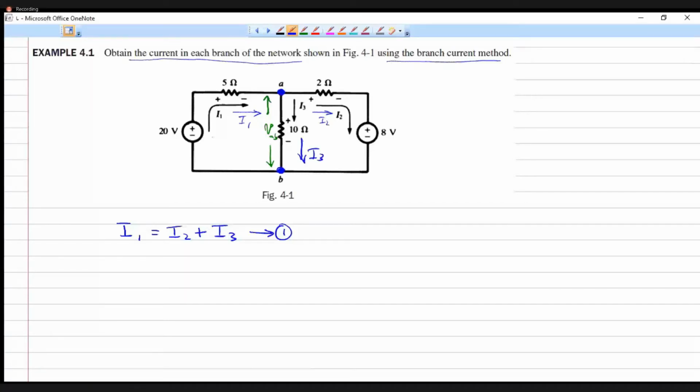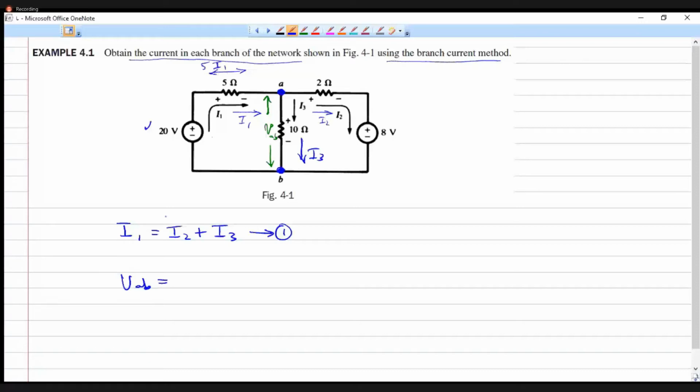So with respect to VAB, we can write. So I1 is coming in. So what is VAB? So this is this voltage VAB, right? So we have 20 volt here, and some voltage is getting dropped across this 5 ohm resistor. So the voltage that is dropped across 5 ohm resistor is 5 into I1.